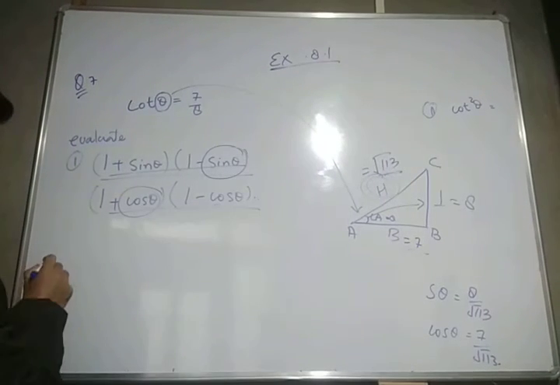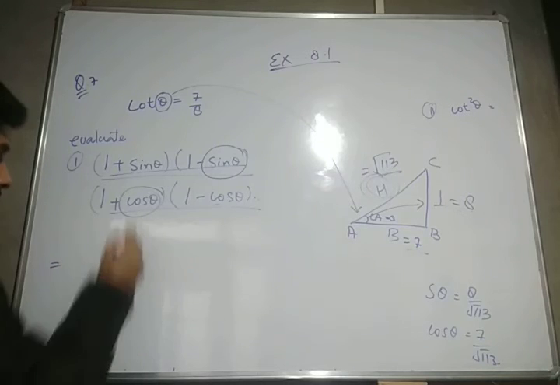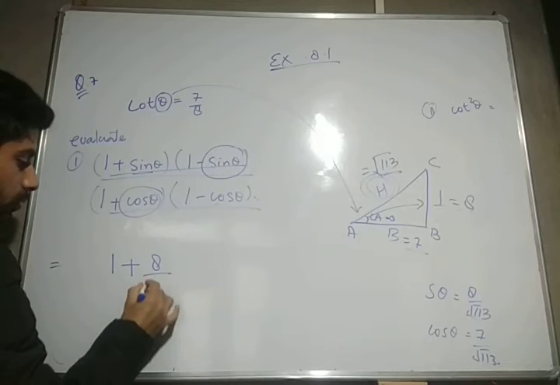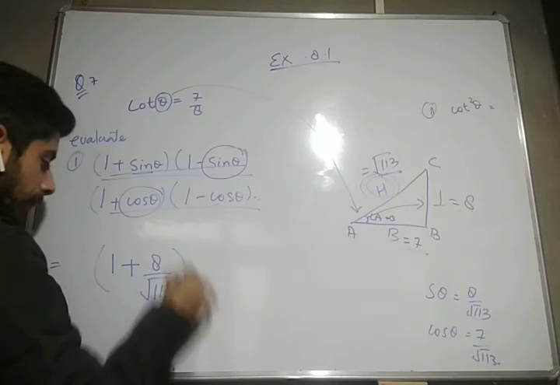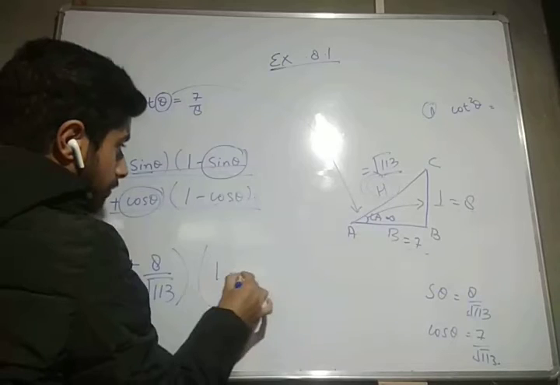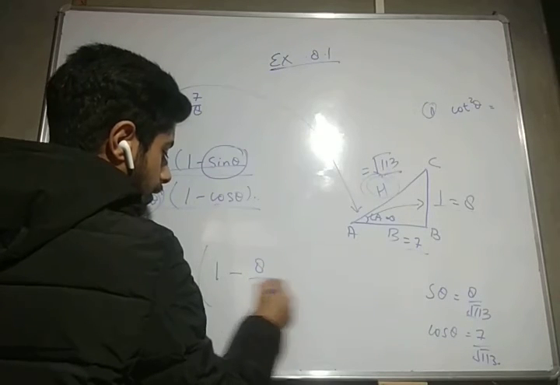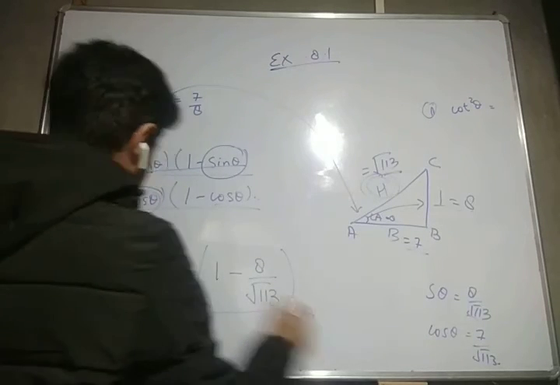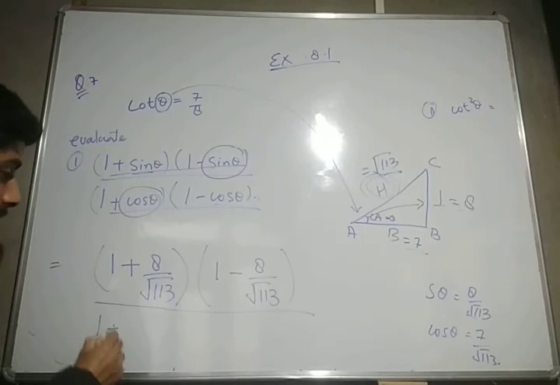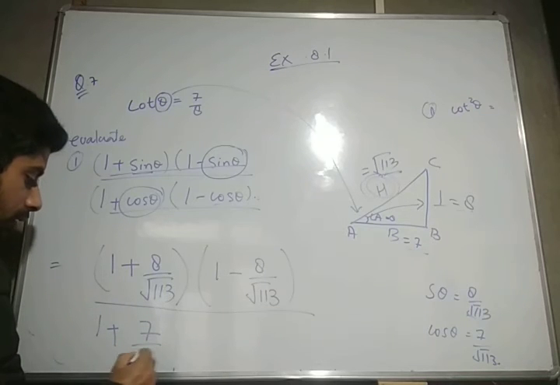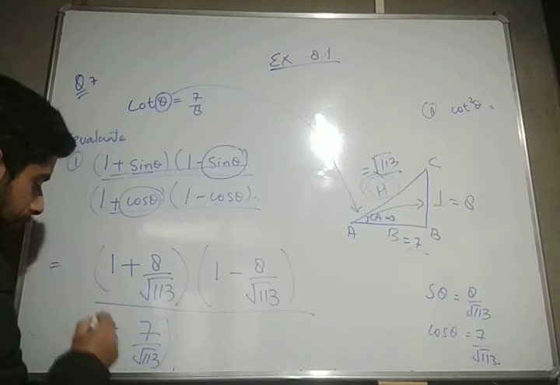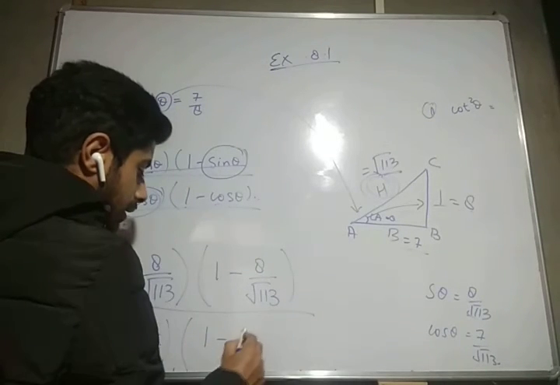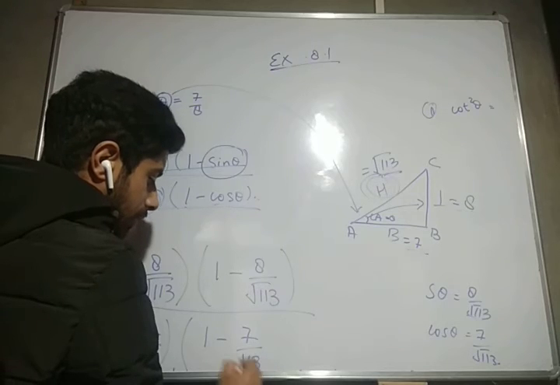Let's look at this now. It's 1 plus sine theta. Instead of sine theta, we can write 8 over root of 113, multiplied by 1 minus sine theta, that means the same 8 over root 113, divided by 1 plus cos theta, that means 1 plus 7 over root 113, multiplied by 1 minus cos theta, that means 1 minus 7 over root 113.